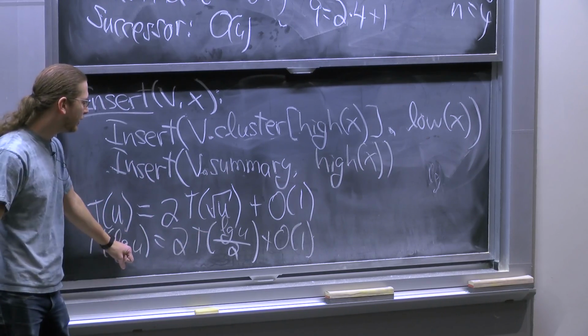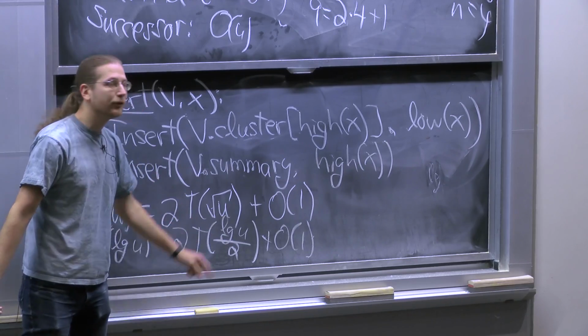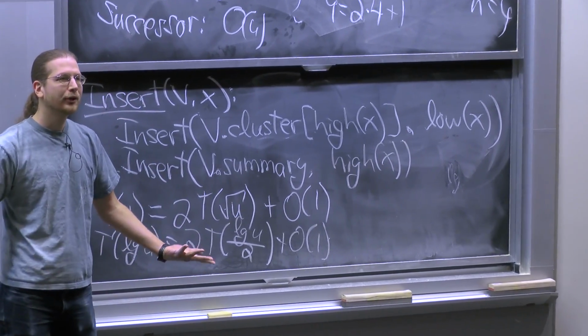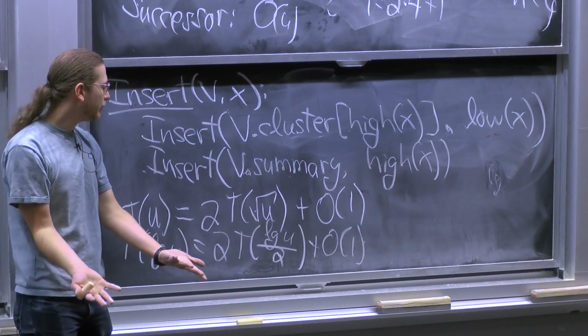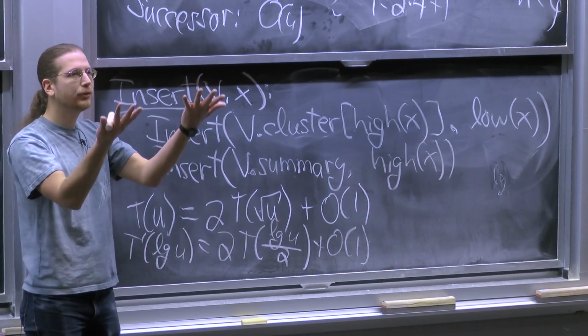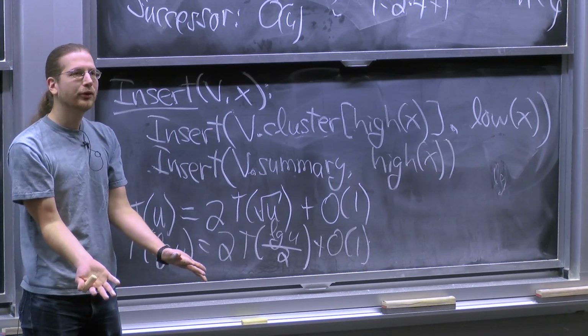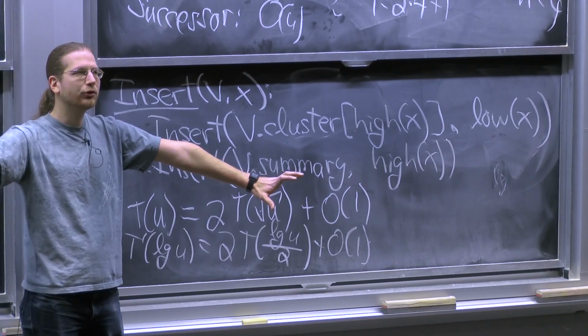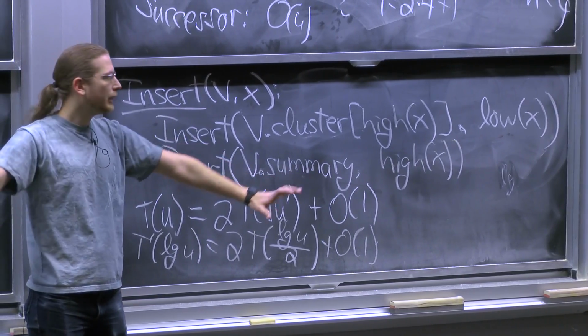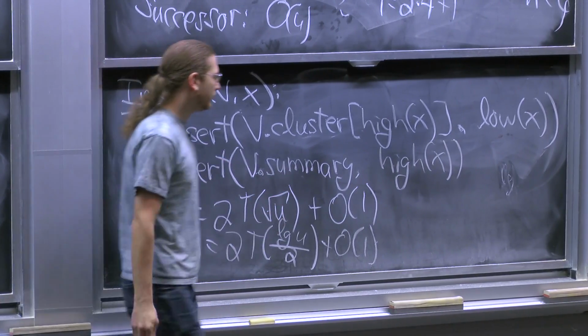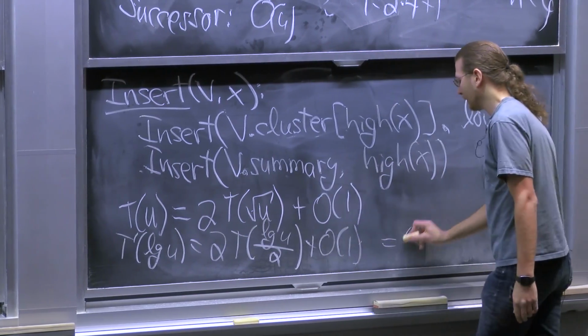We started with log u mass. We have 2 copies of log u over 2. That's the same total mass. So how many recursions do we do? Well, we do log u recursions. Total number of leaves in that recursion tree is log u. Each of them we pay constant. So this is order log u.